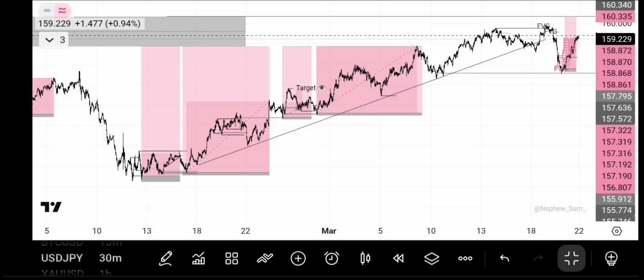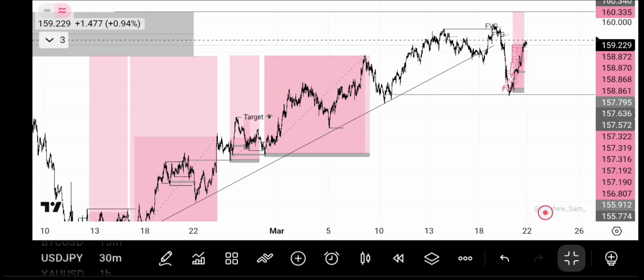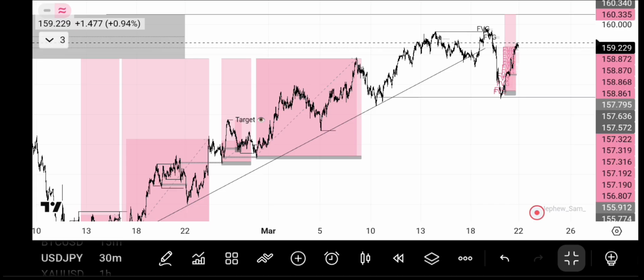So first, like he asked, can we identify higher highs with a bullish candle, or a bearish candle?